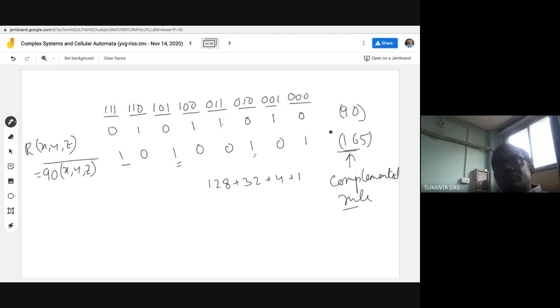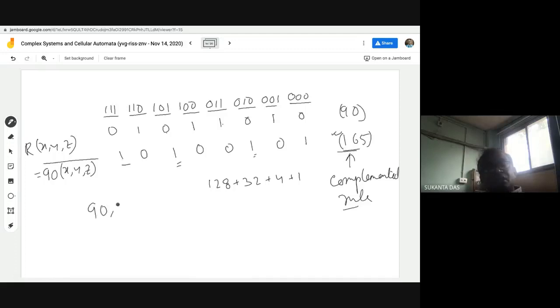We are talking about these rules which are complement of some linear rule, right? So 165 is a complementary rule. So what I have taken is the rule vector: 90, 150, then 165, then 90, right?